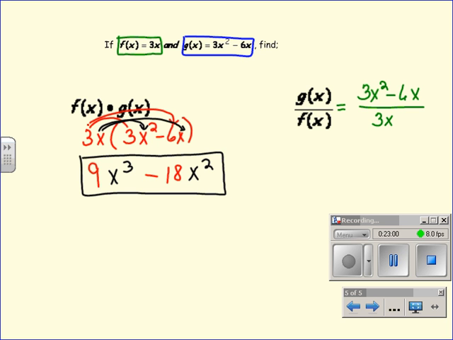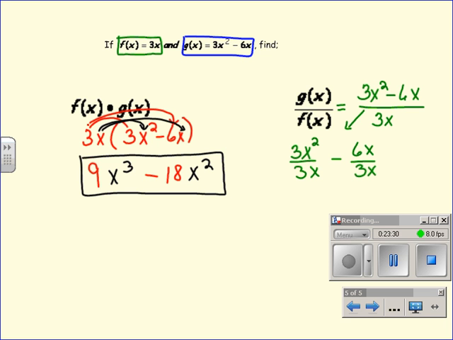Now, as you recall with fractions, if I have an expression over a number or a monomial, I can break that fraction up into 2 parts. So 3x squared minus 6x over 3x is the same as saying 3x squared over 3x minus 6x over 3x. These two problems are exactly the same. They're equal to each other.